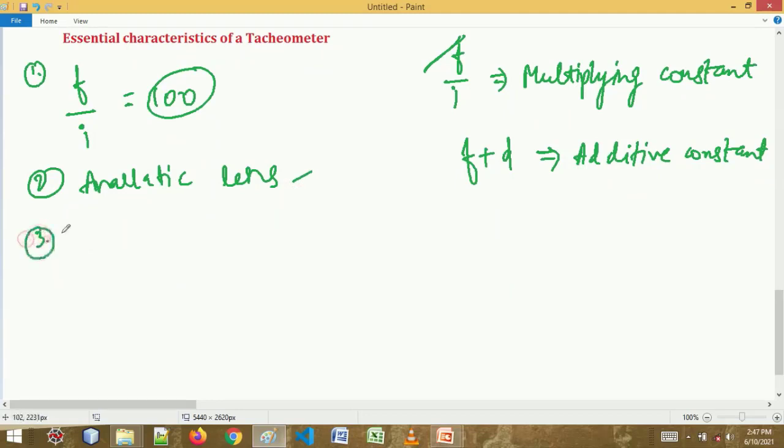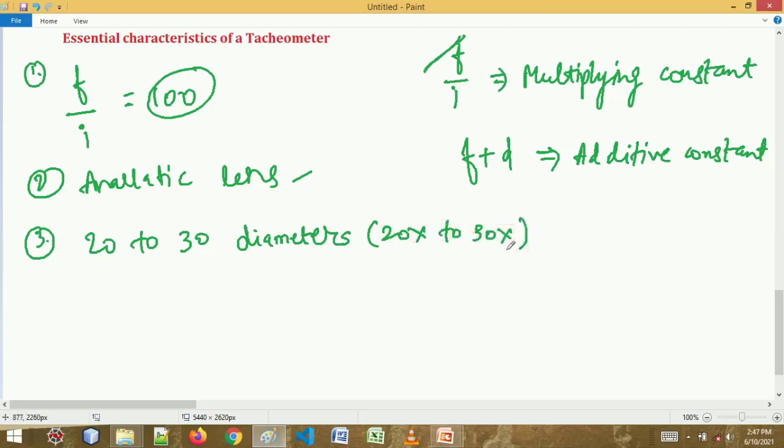Point number 3, the telescope should be powerful, having the magnification of 20 to 30 times the diameter. So the magnification power of the telescope should be 20 to 30 times.